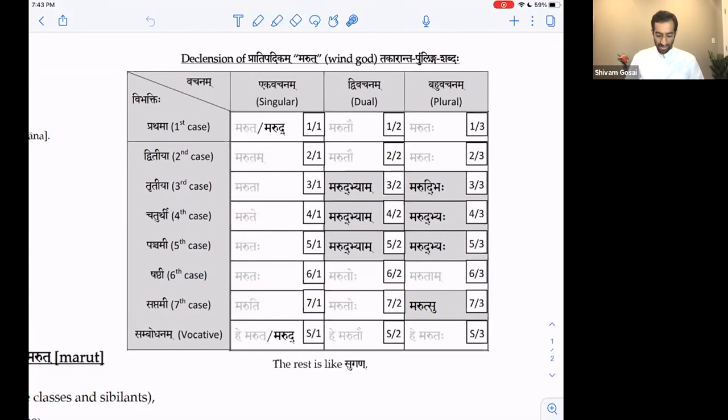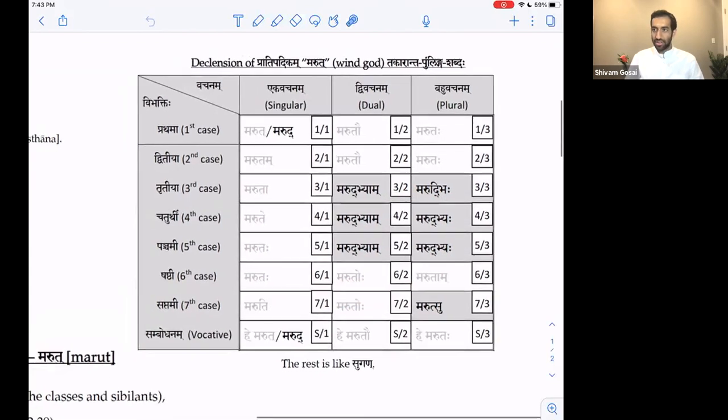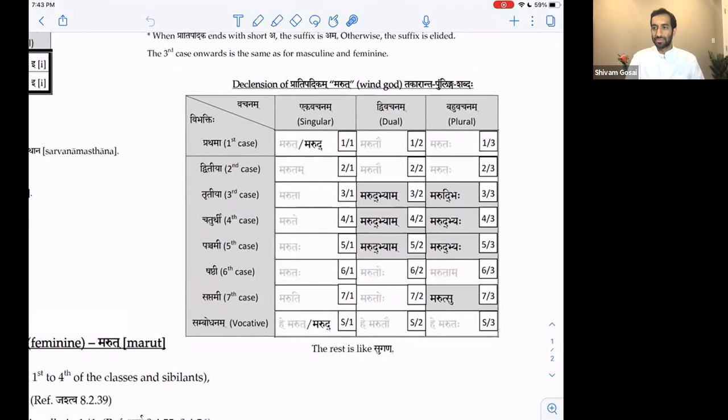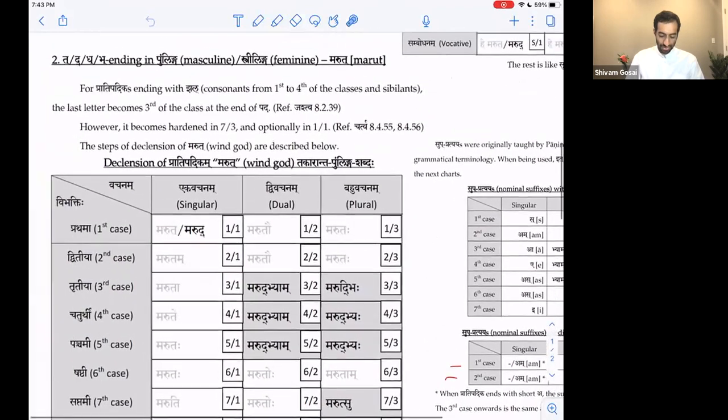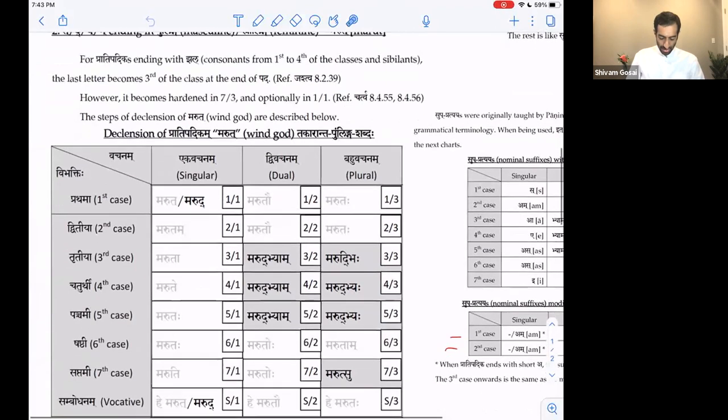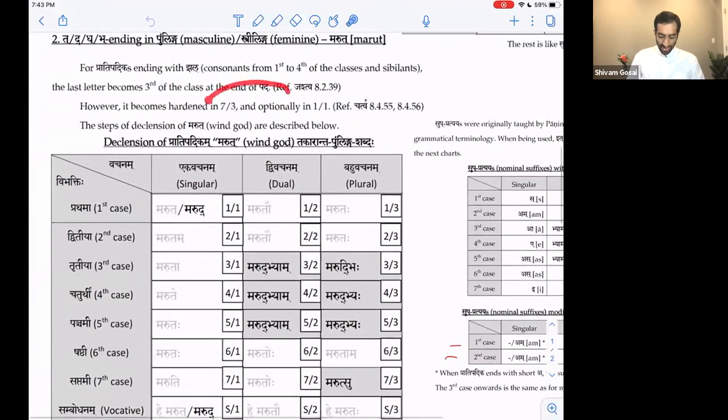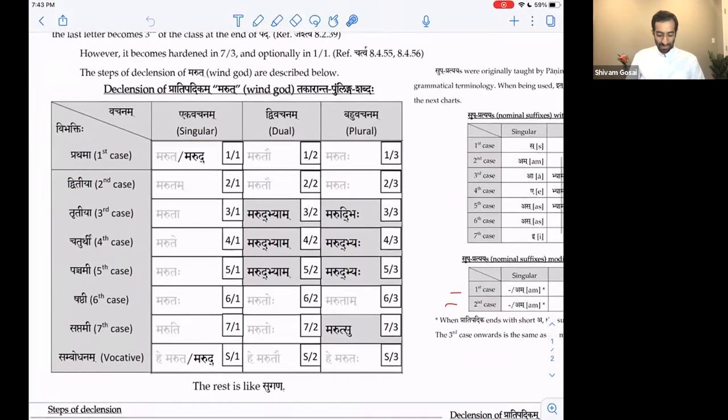The next word we're going to look at is marut. Page 130. You can open your book to page 130. We don't need to see all of this right now because it'll be a bit confusing. We'll see it in a bit. We're going to learn the pratipadikam of Marut, which is another name for Vayu, the wind god.